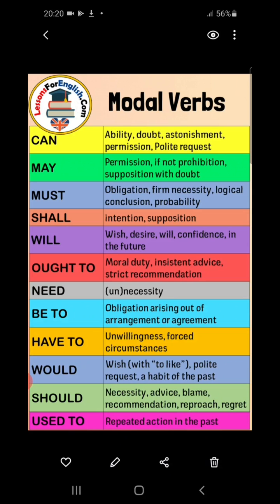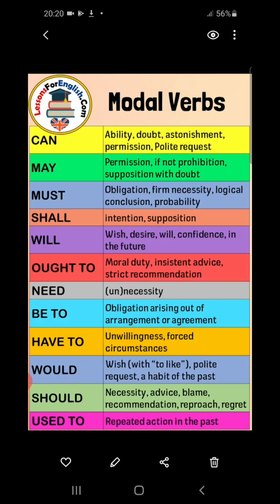So, obligation: what you are to do, and you don't have any other option for that. So, what you have to do.